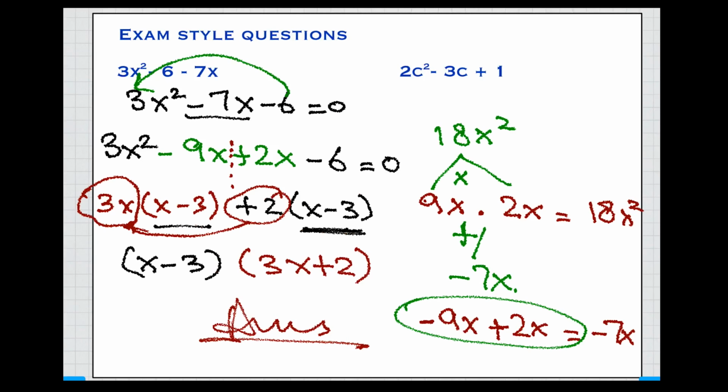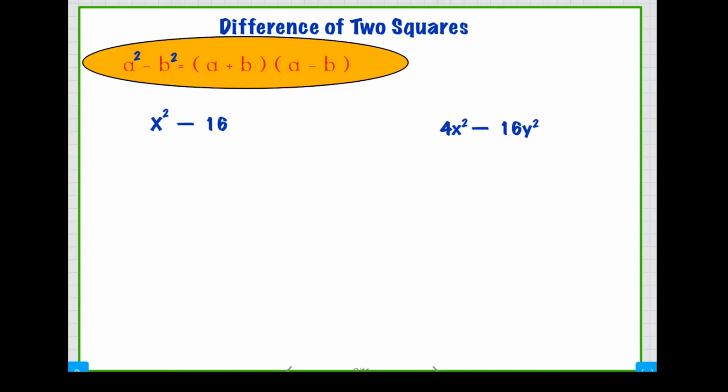Okay, so now we're going to learn about the difference of two squares. Some quadratic expressions have no middle term. As you can see in this one, x squared minus 16, it has no middle term. If you remember, previously we've been doing quadratic expressions with a middle term like 6x.